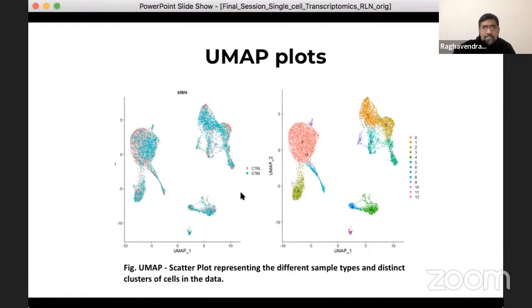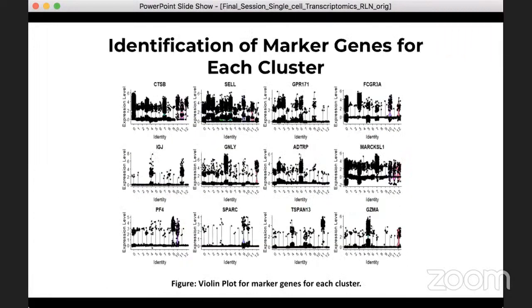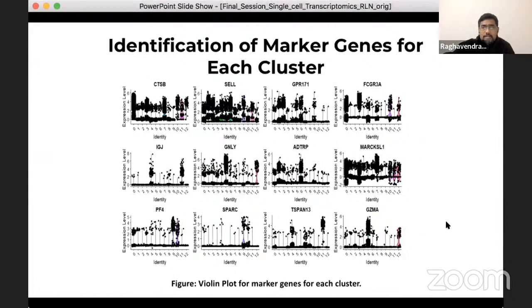So from the identification of multiple different clusters, annotation of clusters can be carried out based on the cluster-specific marker genes. Thank you, Sonalika. Annotation of clusters can be carried out based on the cluster-specific top marker genes, which are used to identify the cell types in each cluster.